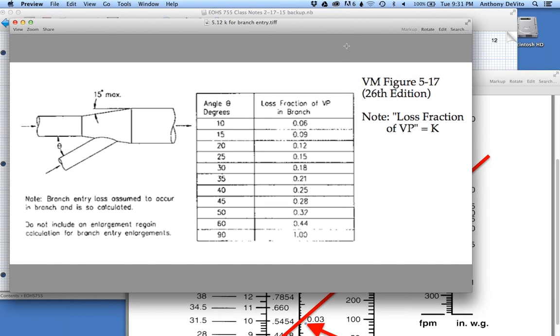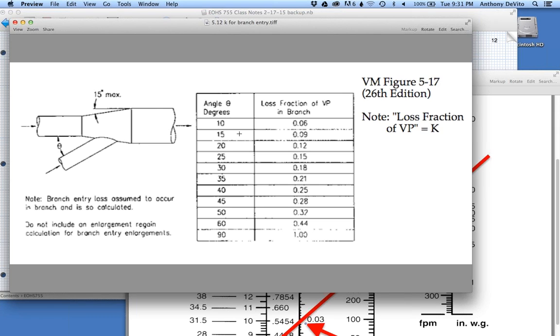Okay, so now what do we know about this table? The thing that we're most interested in is the angle at which this transition intersects. Now notice that these two ducts are both delivering air here. Air is traveling this way, air is traveling this way, and it's combined here. So they have to expand into a larger duct.